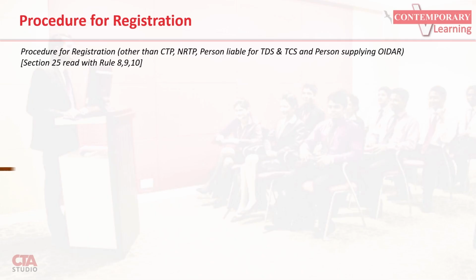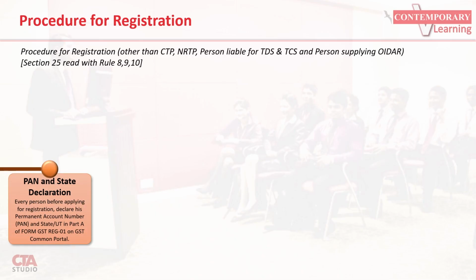PAN and State Declaration. The process begins when every person, before applying for registration, declares his permanent account number (PAN) and state or UT in Part A of Form GST REG-01 on the GST Common Portal. PAN validation.